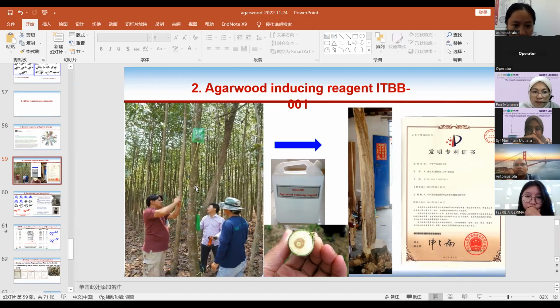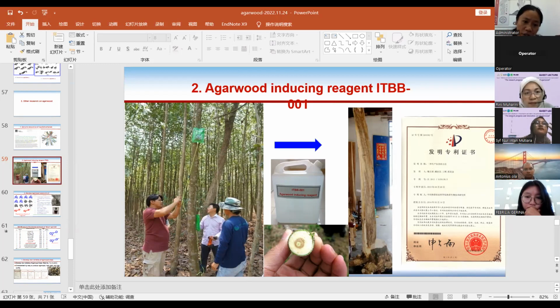In this plant, the reagent goes in, because usually this is used on a sunny day. On a sunny day, the trees breathe much more strongly.